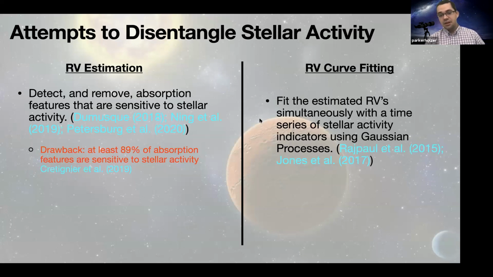But other people have said, okay, let's just estimate the radial velocities the same way we've always been doing them, with the traditional cross-correlation function. And let's try to model out the effect of stellar activity when we fit the RV curve, when we deal with the time series of the radial velocities. And as an extra helper, let's use some other statistics, often called stellar activity indicators, to try and disentangle those two signals.